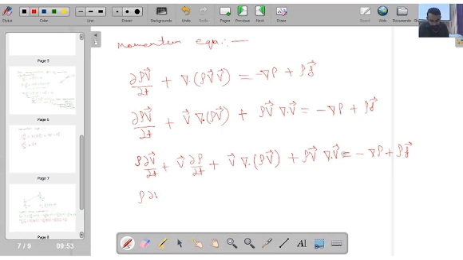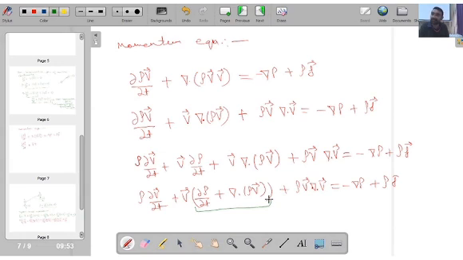Now this will become rho del v vector by del t. From the second and third terms I can take v vector out, which will become del rho by del t plus divergence of rho v vector, plus rho v vector into divergence of v vector equal to minus gradient p plus rho f vector.